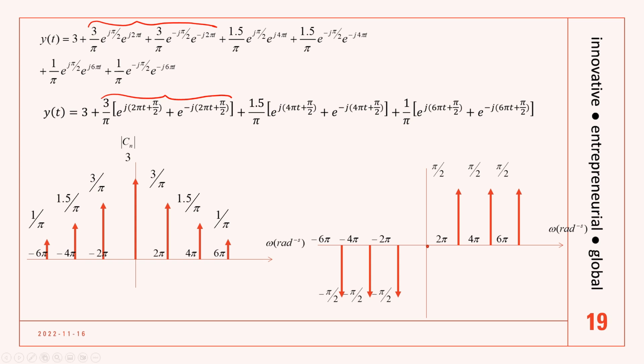And then the fourth and fifth terms we can simplify together, because the amplitude is the same. And then next, the sixth and seventh, right?